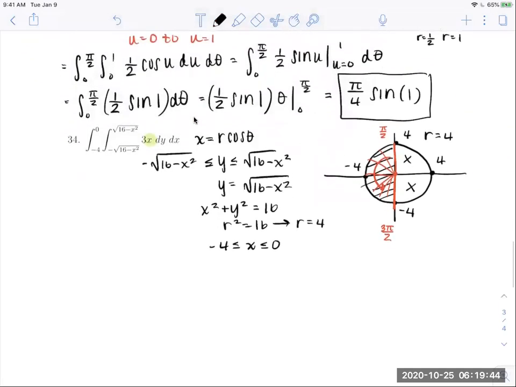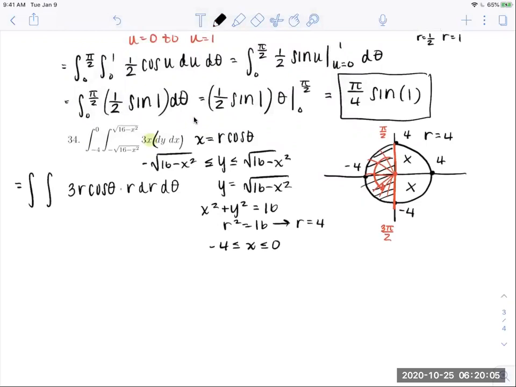All right, I think I have everything that I need to get started. I'm going to actually set up my integral over here in the margin so that I make sure I have enough room. We discussed that that inside is going to be a 3r cosine theta. Then my dy dx becomes an r dr d theta.